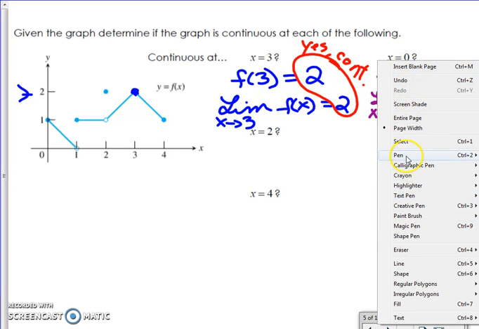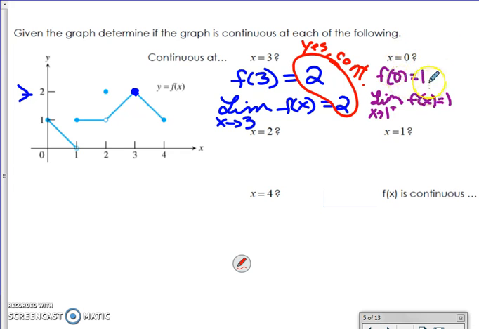Notice that when you evaluate, and the limit exists, and those are the same, we would say yes, this one is continuous. Continuous there. All right, take a minute and see if you can come up with whether the rest are continuous or not.